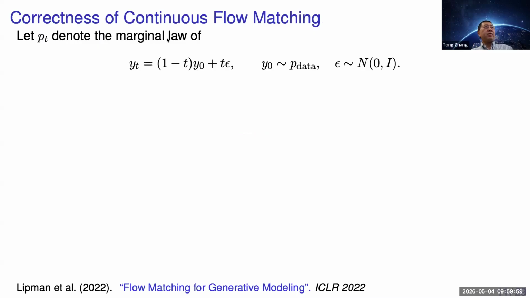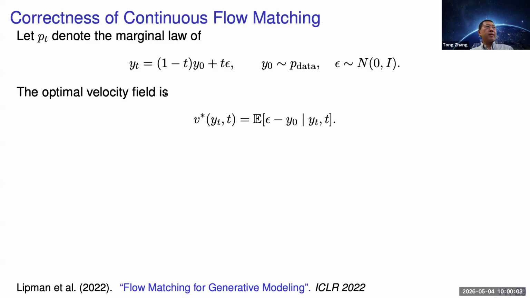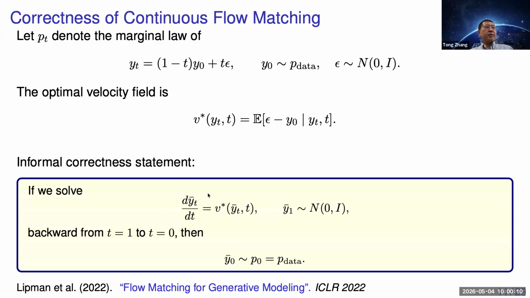This is the marginal distribution, and this is a flow, right? And solving this, for example, using this, you are reversing it.